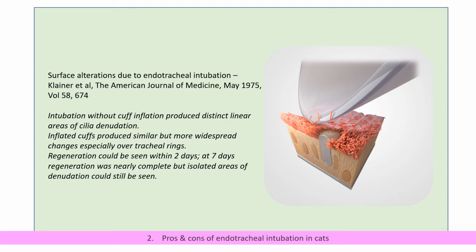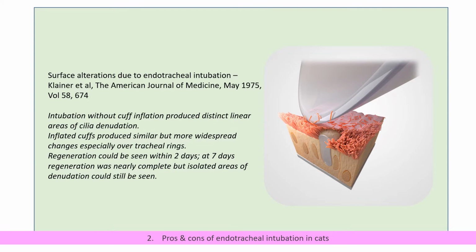The mucosa of the trachea is a ciliated epithelial mucosa, so you've got these little cilia that beat and they waft a layer of mucus from the depths of the lungs up to the top, and they move bacteria and debris out of the lungs very effectively. That's called the mucociliary escalator.